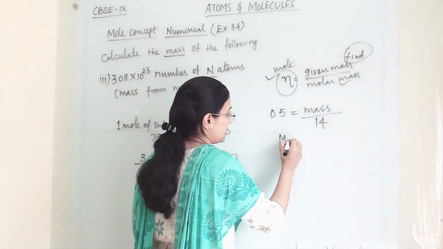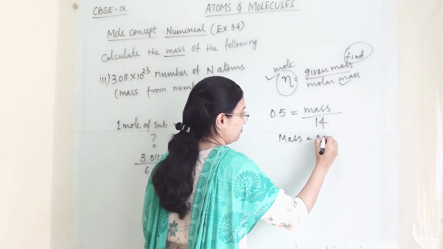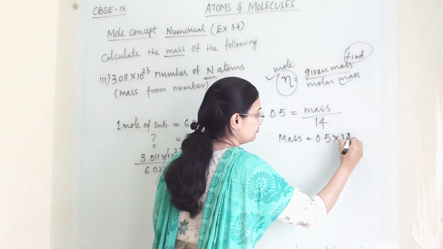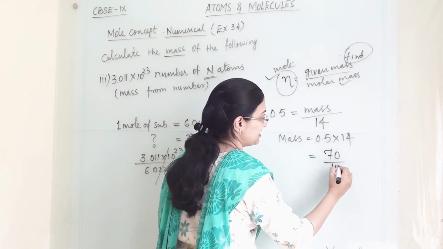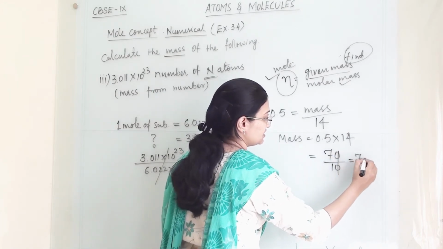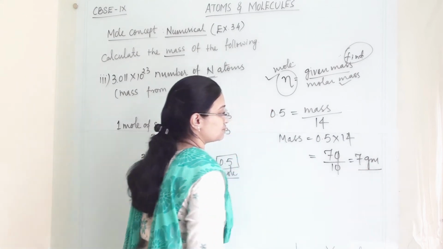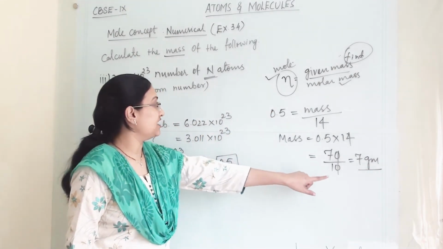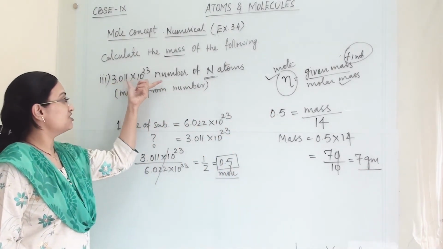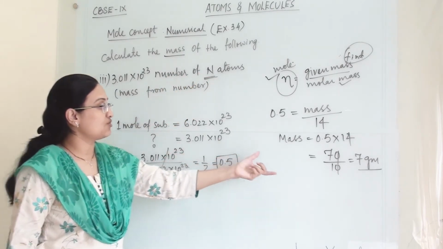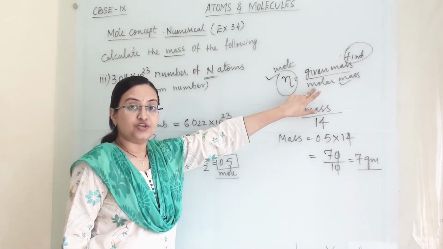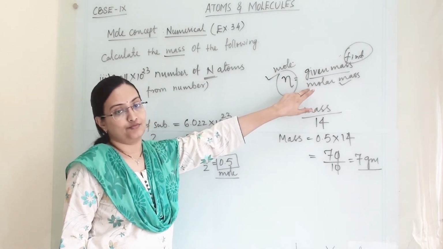So our mass is 0.5 into 14, which is 7 divided by 10... equals 7 gram. So 7 gram will be the weight of this much number of nitrogen atoms. So this is how you can solve the numerical from this formula.